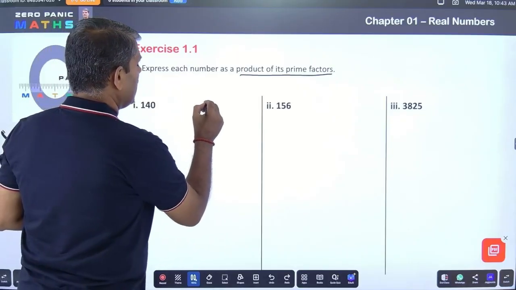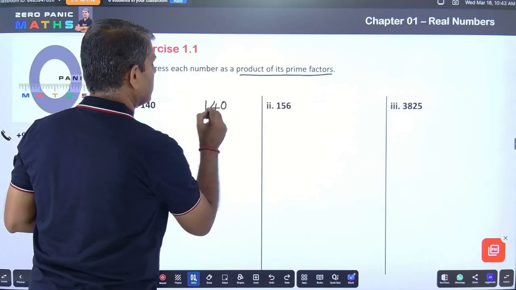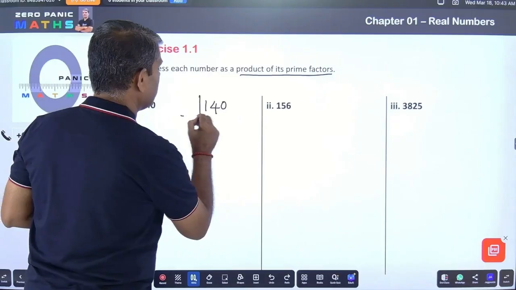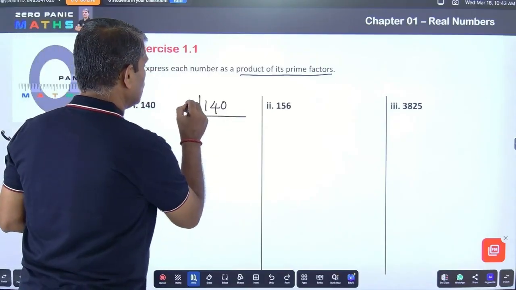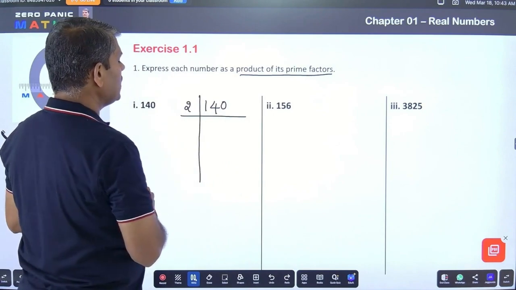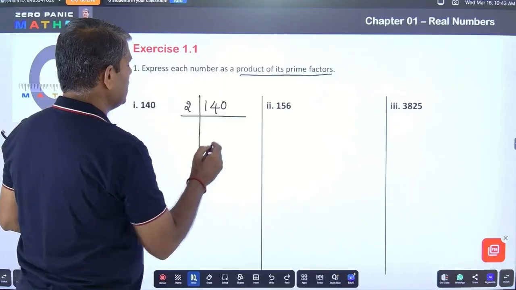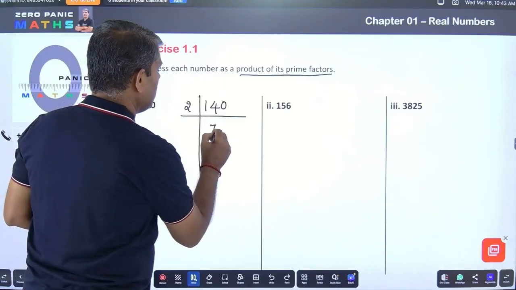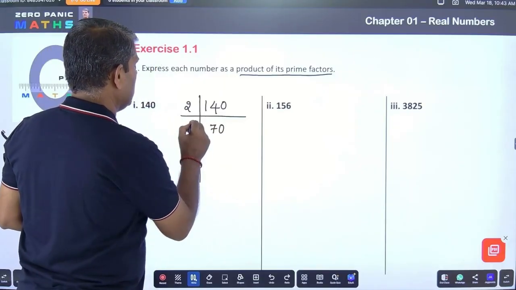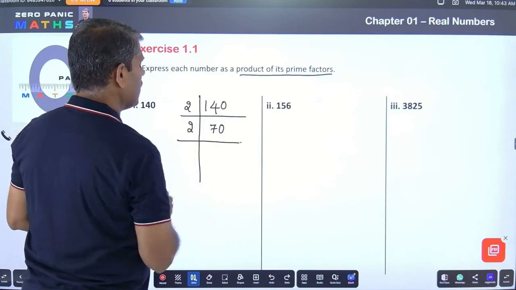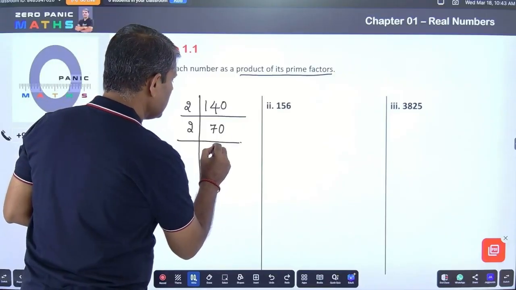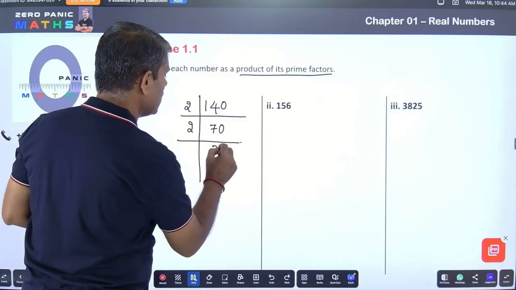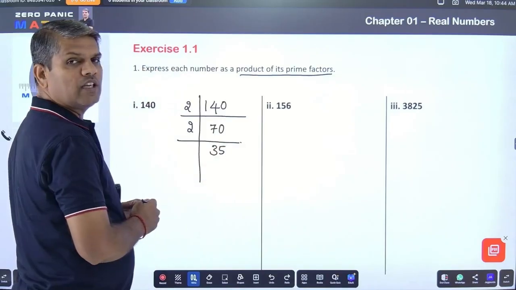The number given here is 140. Let us start with the lowest prime number, 2. Is 140 divisible by 2? Yes. 2 sevens are 14, 0 remains. Now 70 can also be divided by 2. 2 threes are 6, 1 remains, 2 fives are 10.